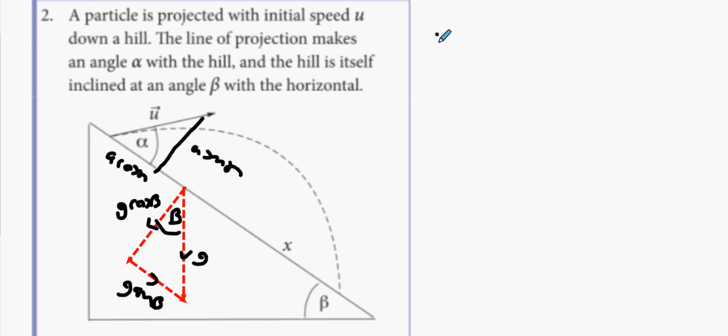Okay. Phi x, anybody? Wants to take it on? Killian. U cos alpha, yeah. Plus GT sine B. There you go. Because it's being accelerated down the hill.